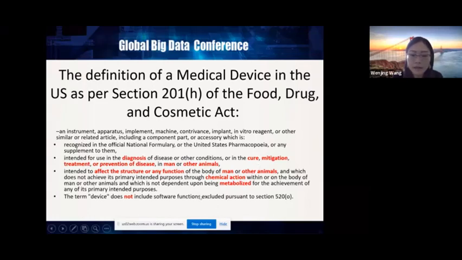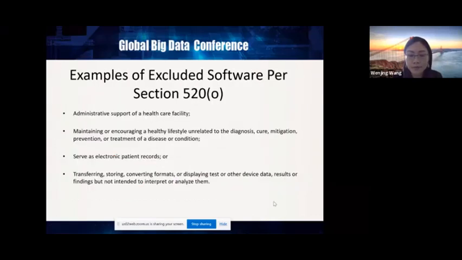But there are some exclusions that are covered under section 520. So I give some examples to show what software would be excluded under section 520.